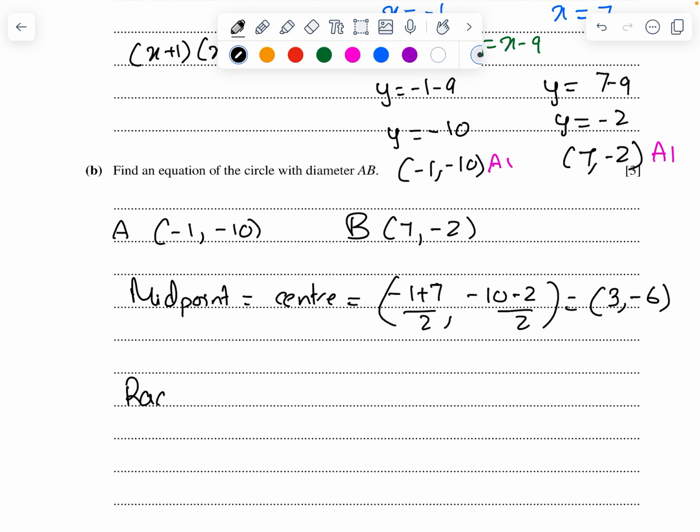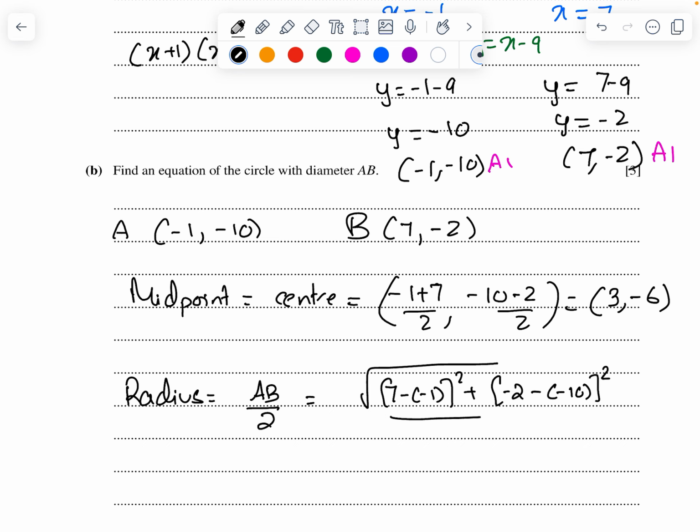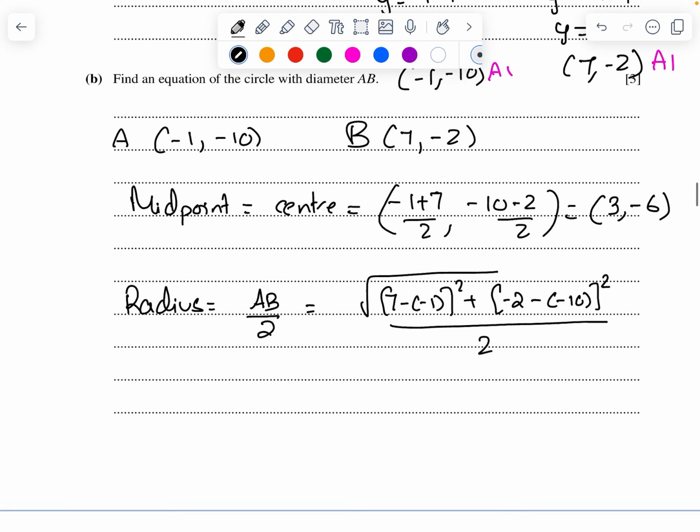Now radius. Radius is the AB distance divided by 2, the diameter distance divided by 2: square root of (x2 minus x1) whole square, that is 7 minus minus 1 whole square, plus (y2 minus y1) whole square, total divided by 2.